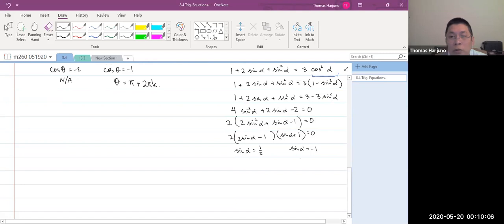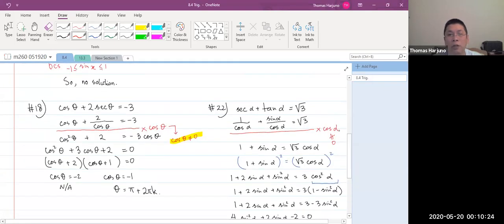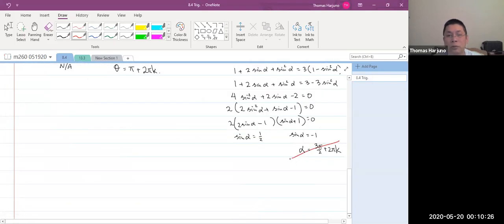Now, sine alpha equals -1 means alpha is 3 pi over 2 plus 2 pi k, right? But I have to cancel this out. The reason is because cosine of 3 pi over 2 is 0. Okay.